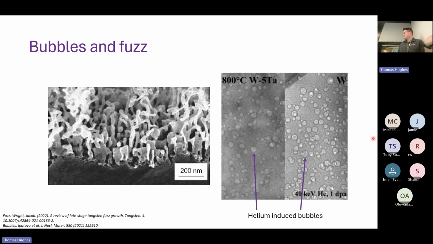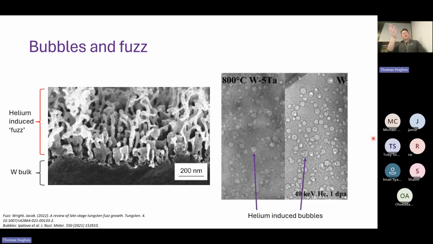Figure out which is worse? No, they're both bad. And fuzz happens on the surface of your material, which is on the right. So it's essentially almost a 2D bubble. Like if you imagine a bubble on the surface of something, it's not completed, you've got a bit of fuzz. It's essentially degrading the outside of your material. So your material's being eroded away by helium almost.